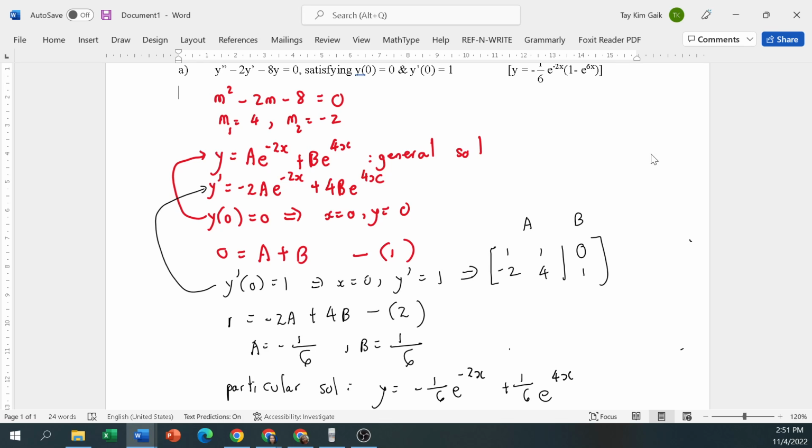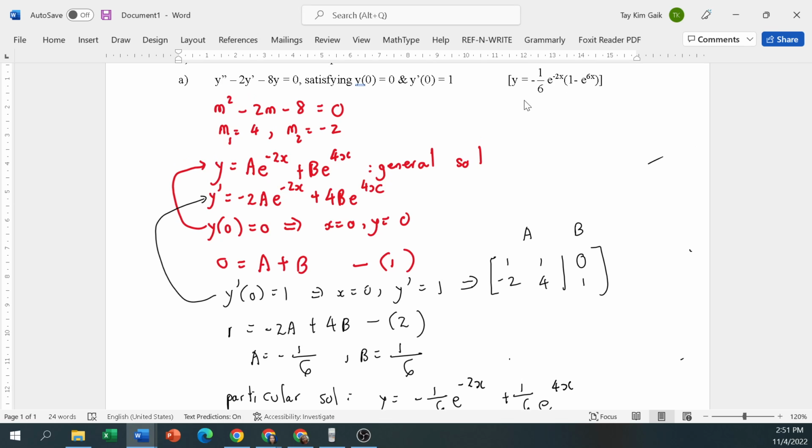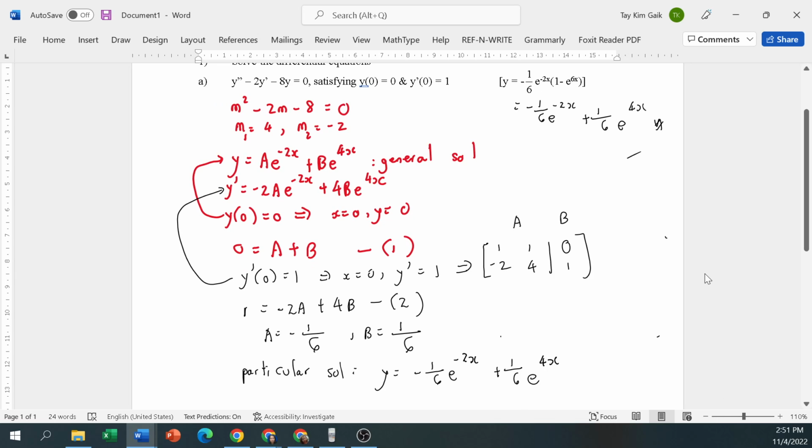If you expand this solution, it's actually negative 1 over 6 e to the negative 2x plus 1 over 6 e to the negative 2x multiplied by e to the 6x, so e to the 4x. Same. So you got the same solution. The solution there is in the factorization form. This is in the expansion form.